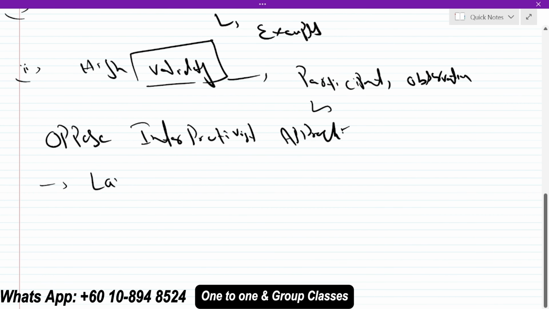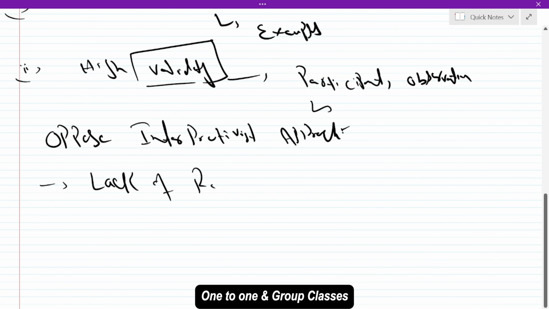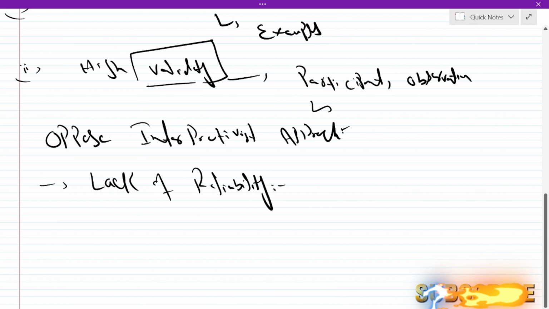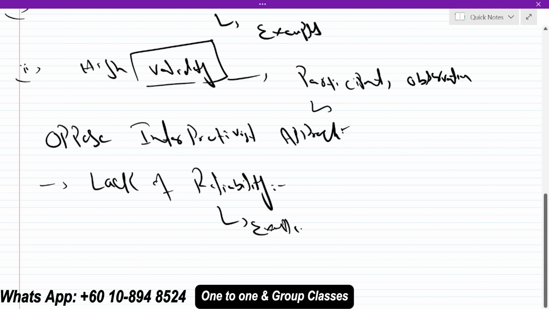The point you can write is lack of reliability: findings from small samples, for example case studies, cannot be replicated. This is number one. Additionally, you can provide an example to make this understanding even better. You can say two researchers might interpret the same interview differently. So again, we have the lack of reliability, and then the lack of representativeness and generalizability.